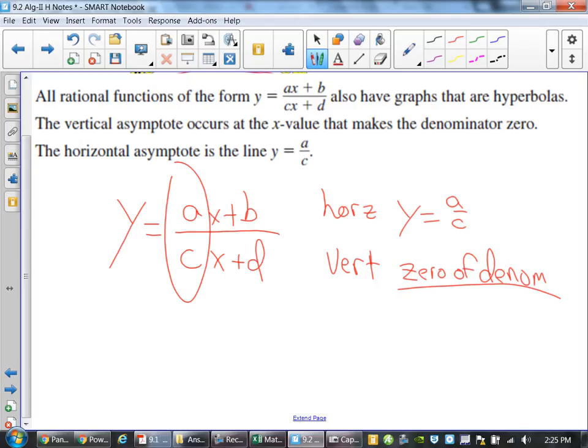What's nice about this is that if you recognize any rational function that we work with, whether it's today or the stuff we do tomorrow, if the degrees are the same, top and bottom, you will always have the horizontal asymptote at the leading term coefficient. There's going to be other rules tomorrow when we have different degrees, top and bottom. But for today and tomorrow, when they're the same degree, you'll always have the asymptote at the coefficients. All right.